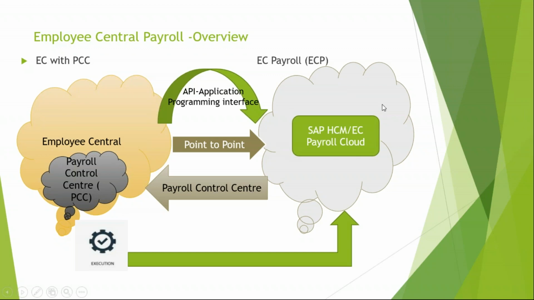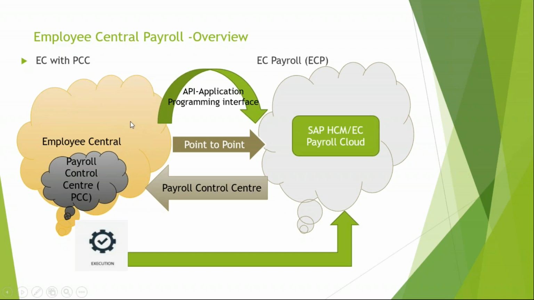So that means we no need to use any CPI, any LSMW, or any PDC. Because you are allowing employees, in EC you will have employee login as well. Employee login, payroll admin login, and the HRBP team will also log in. Based on their access level, they can maintain the data directly in the EC system. So this is my master data.